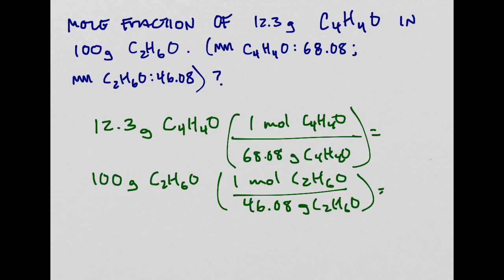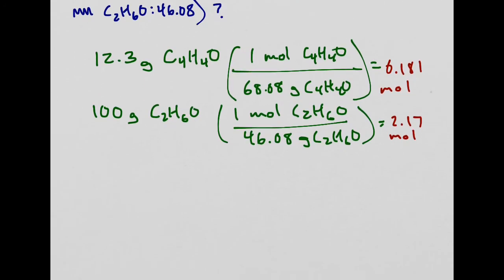By the way, I just made a quick change here. I meant to write 100 grams of ethanol, so it's down here as 100 grams. Anyway, the answer here is that you're going to have 0.181 moles of the furan, and you're going to have 2.17 moles of the ethanol.